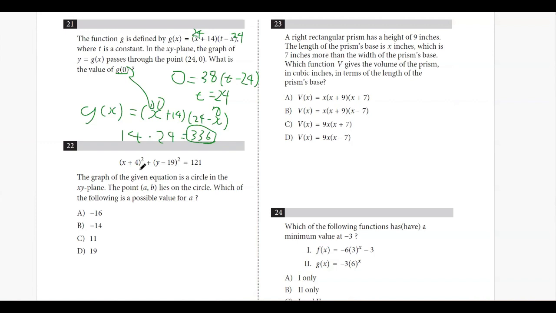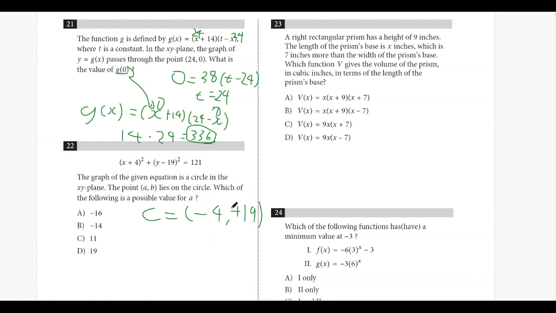We know that the center of the circle is -4, comma -19. Sorry, -4, comma plus 19. Should be a plus here.